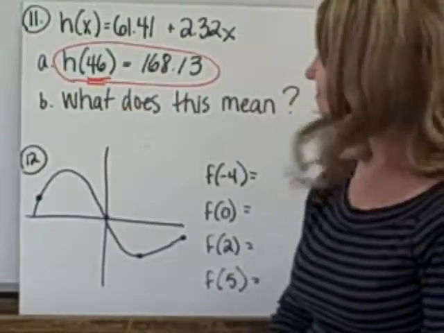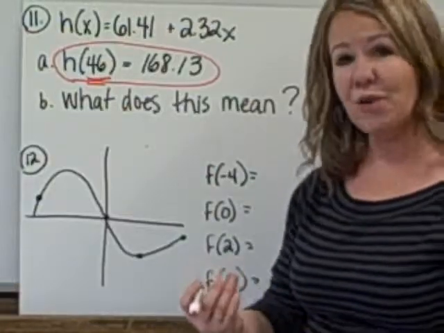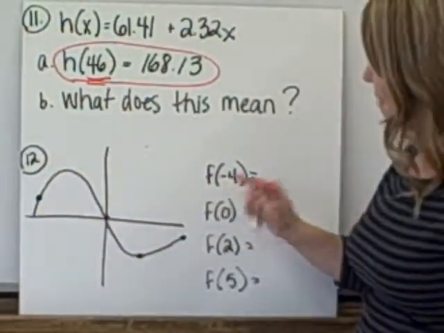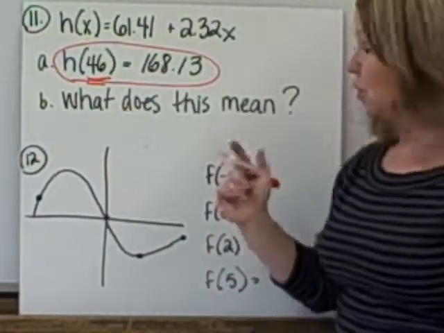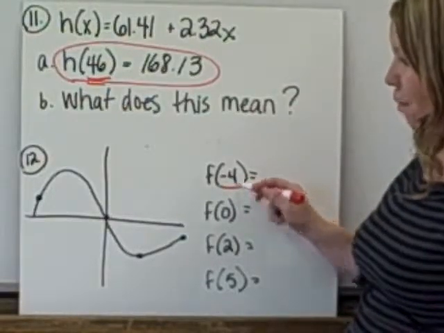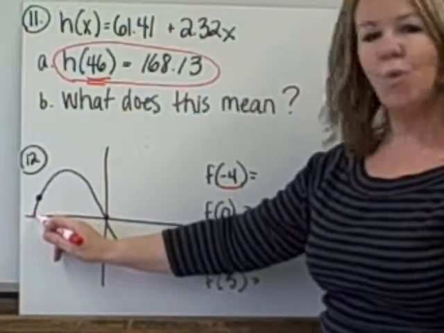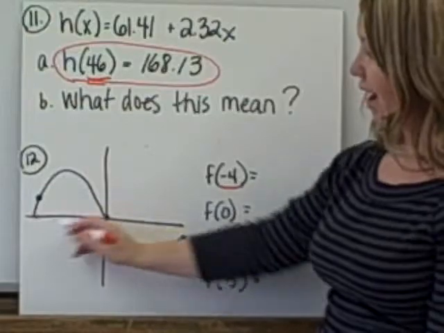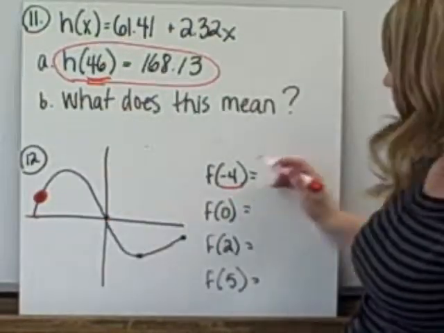centimeters tall. Finally, in number 12, you are given a graph, and you need to determine the function by looking at the graph. Now remember, what's in parentheses here is like the x value. So what this means is if the x is negative 4, so here's the x, what is its match, or what is its y? And in this case, if the x is negative 4, that matches up to the dot that has a y of 2.